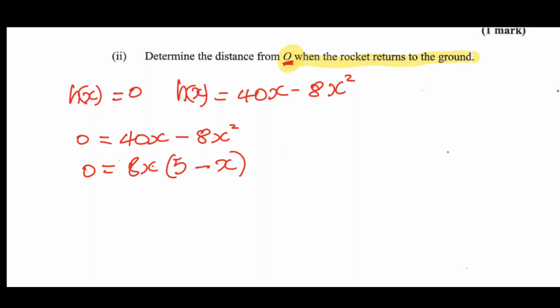And now from that, based on the zero product rule, 2 things multiply to give a 0, so one of them or both would be a 0. So we can suggest by saying either 8x is a 0, of which if you divide by 8, then one of the responses is that x is at 0.